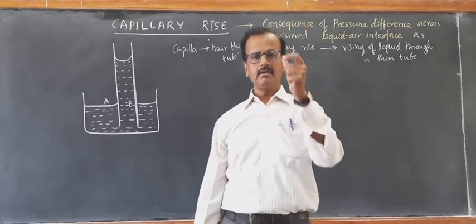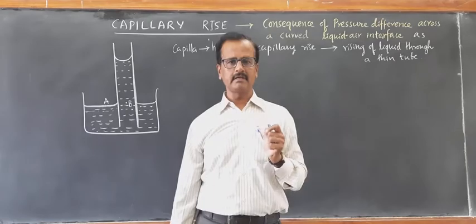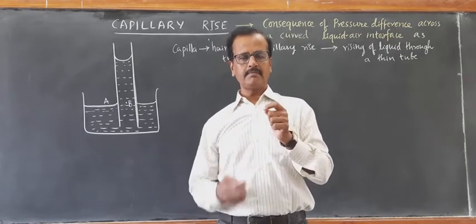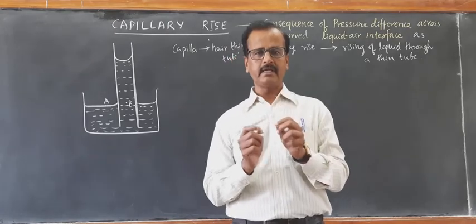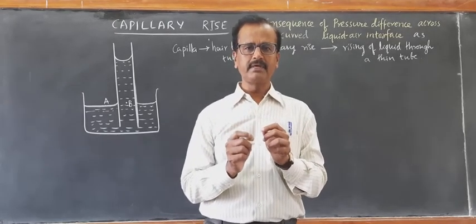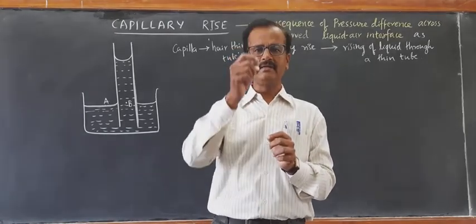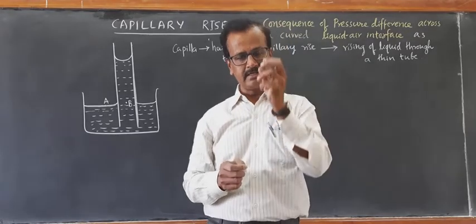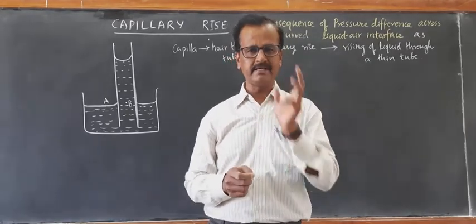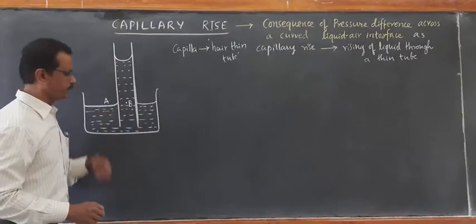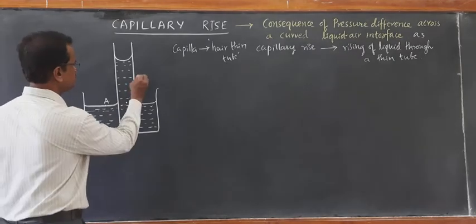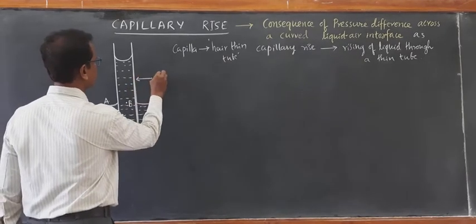For example, you might have seen the thermometer. At the bottom, the thermometer has a bulb filled with mercury, and that bulb is attached to a thin tube inside. That thin tube of small radius is called a capillary tube. So consider a capillary tube being dipped inside water.